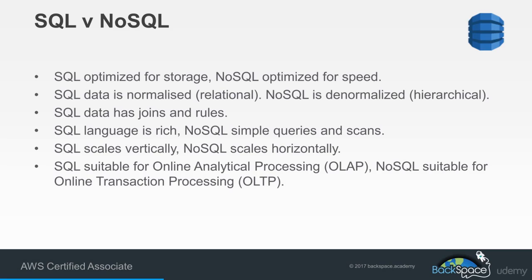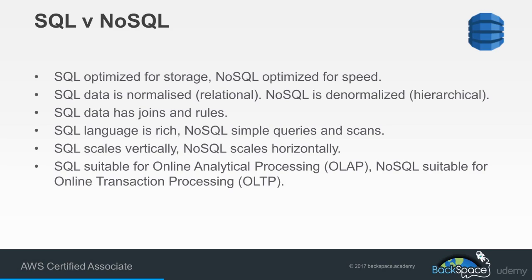So SQL scales vertically, whereas NoSQL scales horizontally. So if you want to create more capacity in a SQL database, you generally need to get a bigger database. Whereas NoSQL scales out horizontally, so you can quite easily scale out to quite large sizes and pull that back in quite easily.